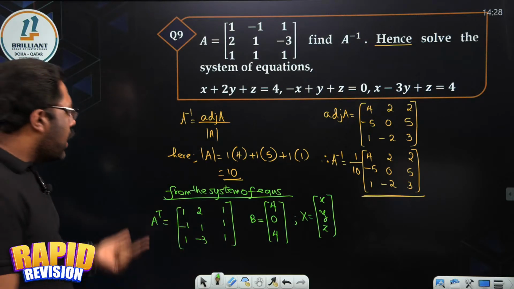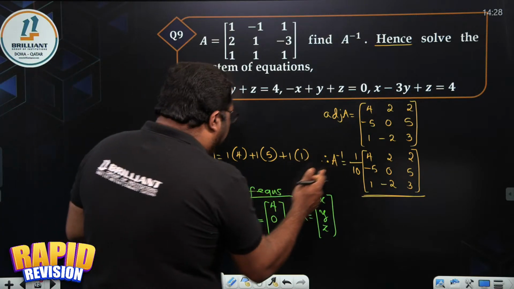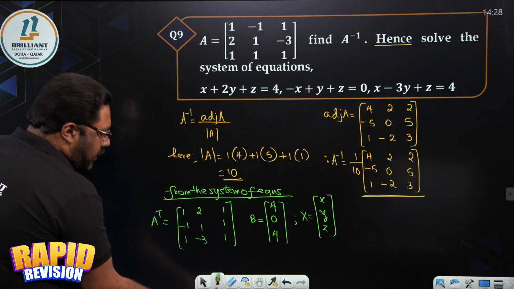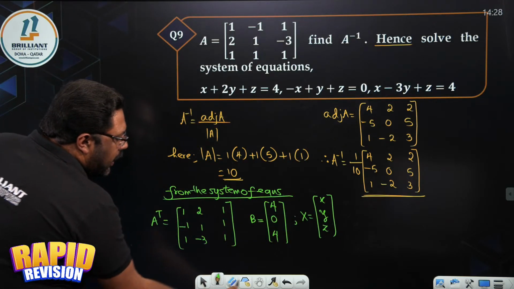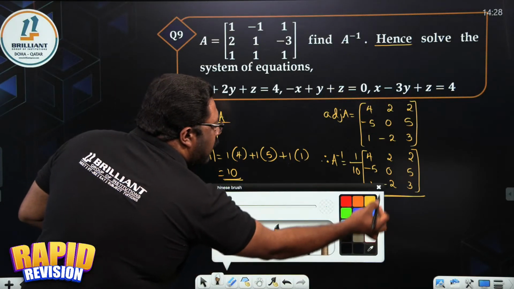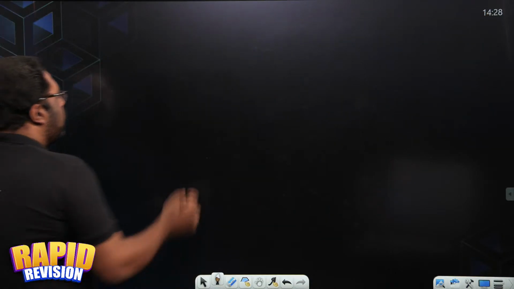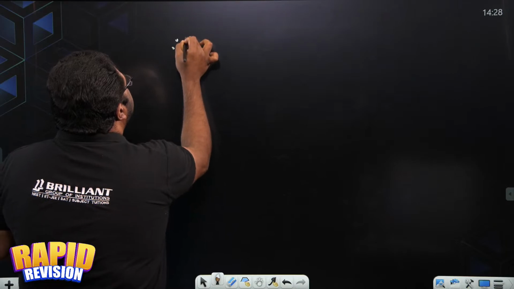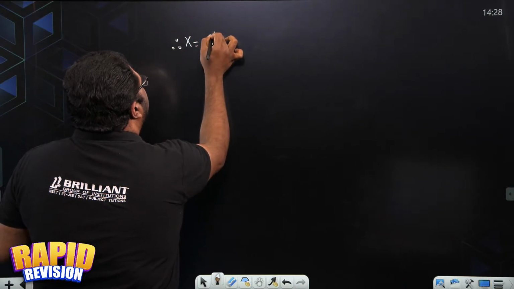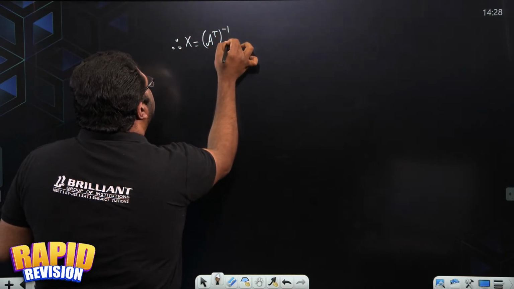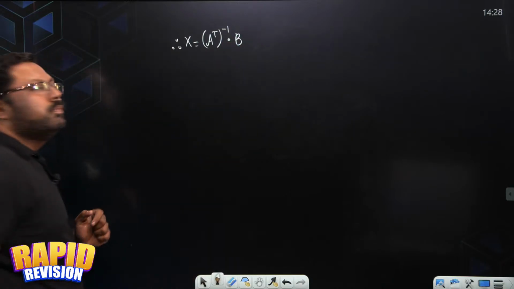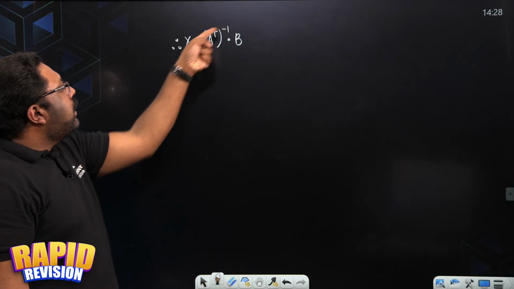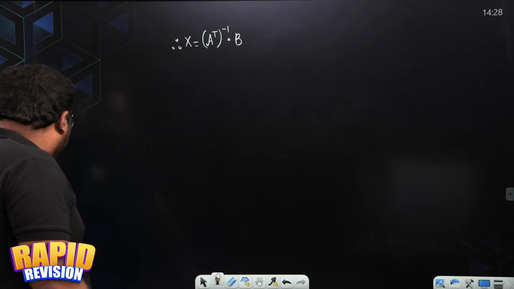It's the transpose. So if I have to find the inverse of this, therefore, X is equal to A transpose inverse into B. What is the reason?